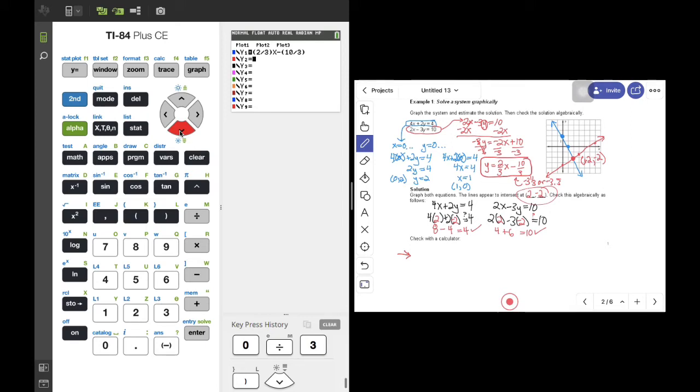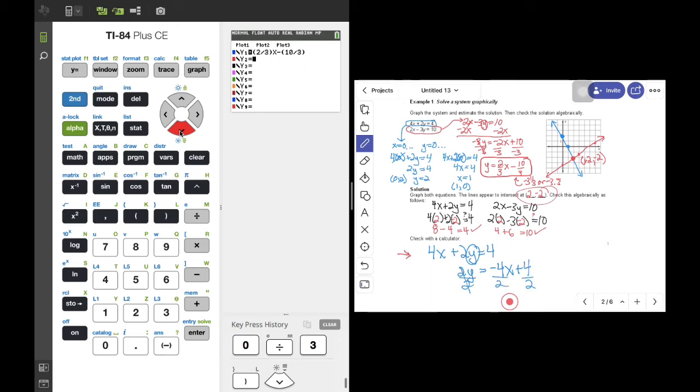Okay, so that's the red graph. Now we want that blue graph to appear. The issue is right now we left that particular equation in standard form. So I'm going to take this 4x plus 2y equals 4, and I'm going to write it in y equals mx plus b by just subtracting 4x from both sides and then dividing everything by 2.